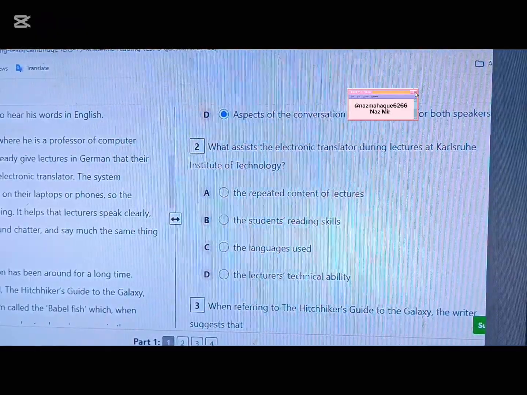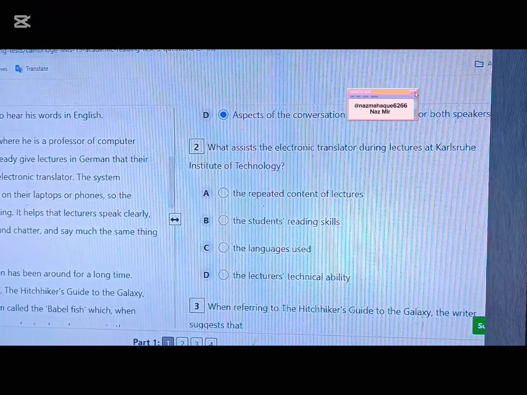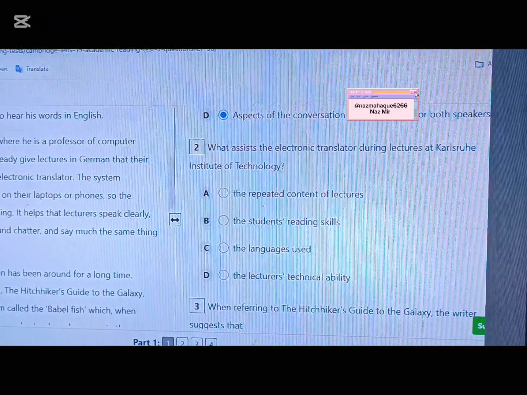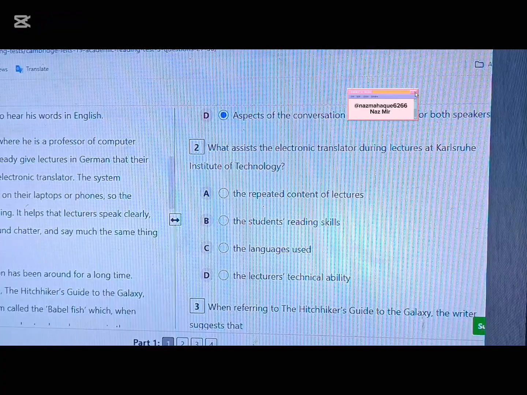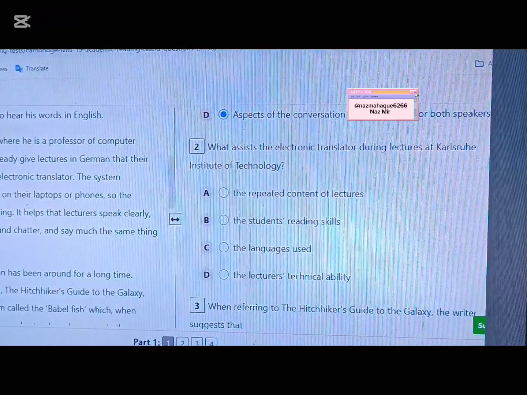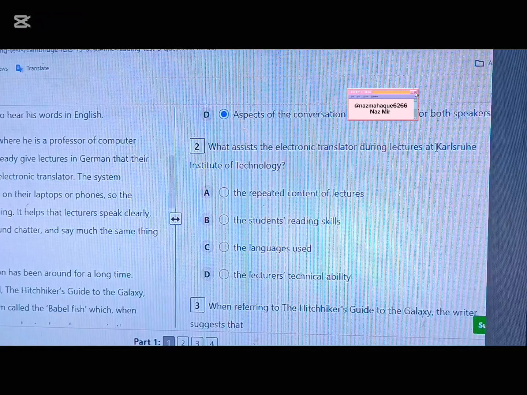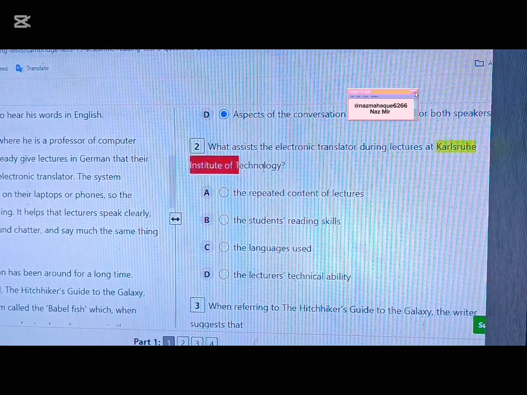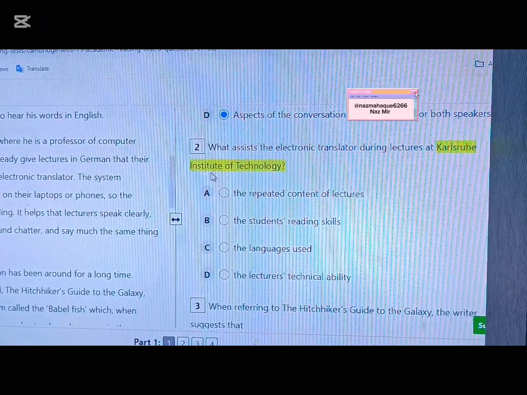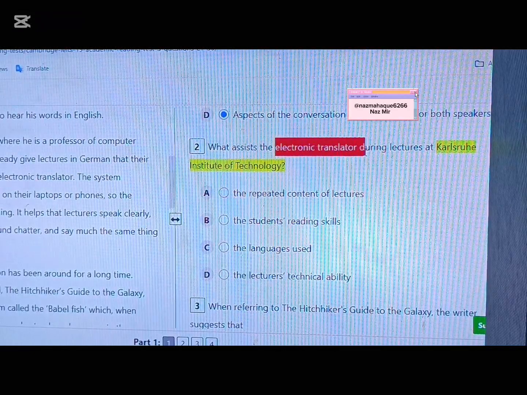Okay, so our second question is: what assists the electronic translator during lectures at Karlsruhe Institute of Technology? So this Institute of Technology is our keyword, and also electronic translator.